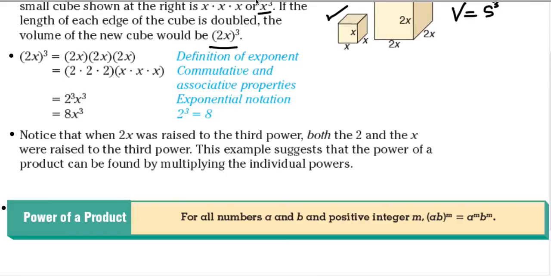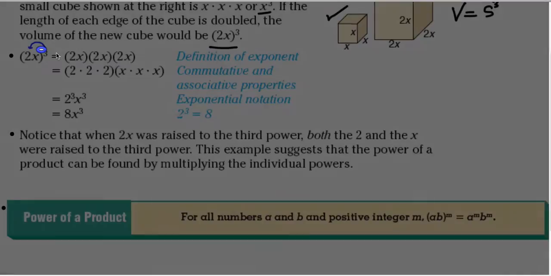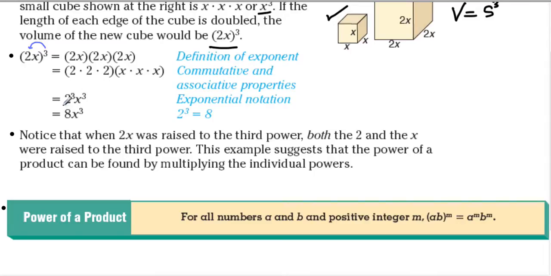Just like in 2x cubed, if you have 2x raised to the 3rd power, this becomes 2 cubed and x cubed, which is what we got right here.